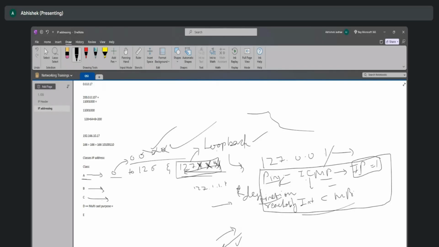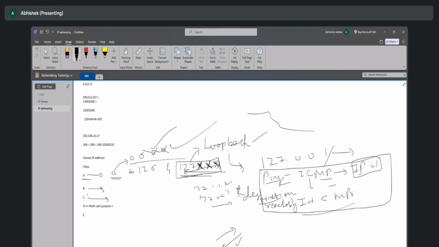127.1.1.1, that is also a loopback address. 127.0.0.1, that is also a loopback address, right? So just remember, whenever after a number in decimal format I tell you to write x, that means any number can come into that range. So this is clear, I believe. Class A ranges from 0 to 127, 127 being the loopback IP address, right?